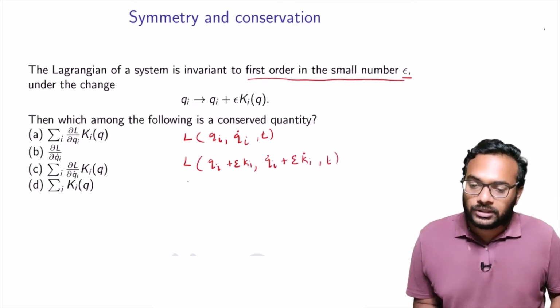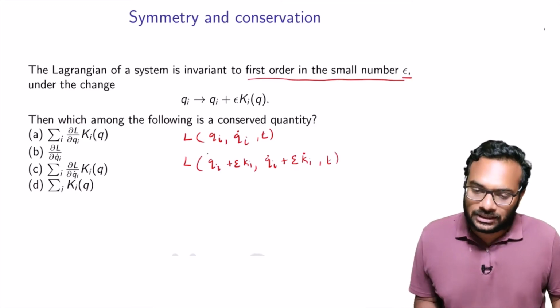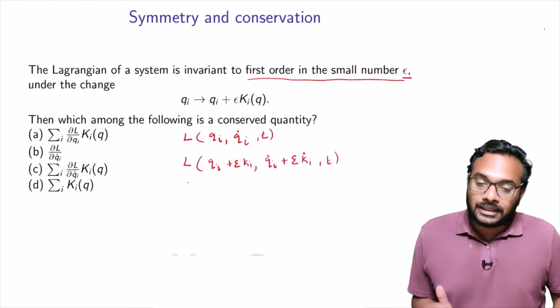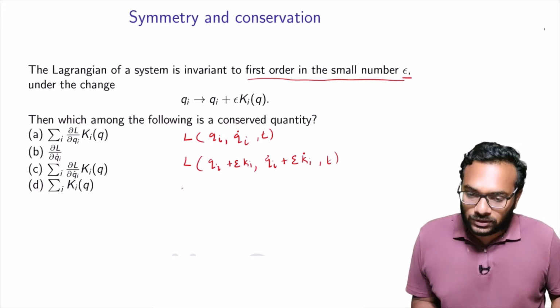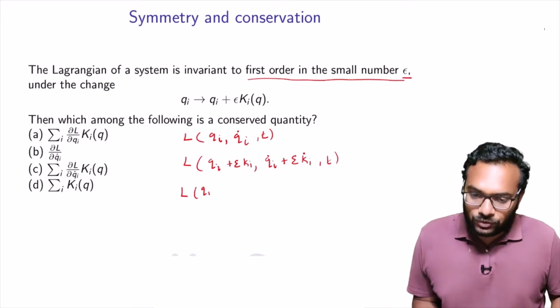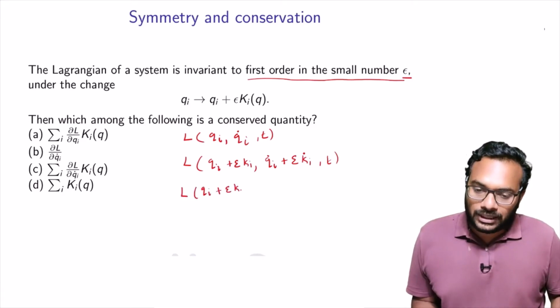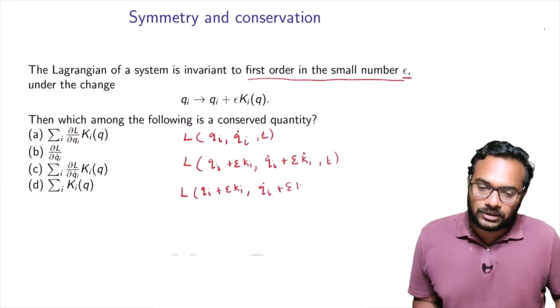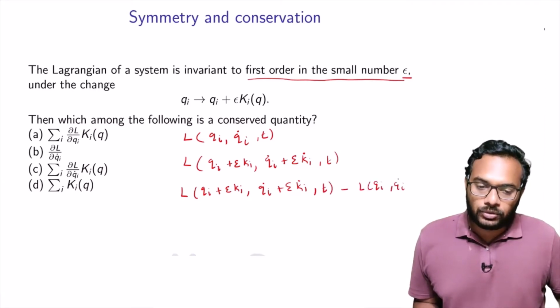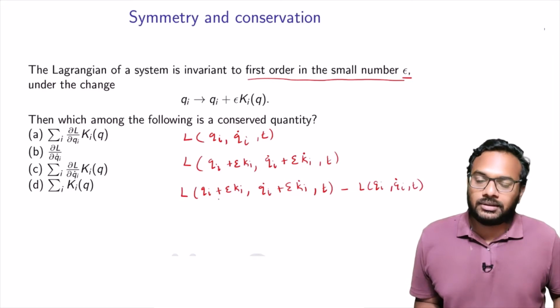Now we need to demand, as given in the question, that the Lagrangian is invariant up to first order. So we take L of qi plus epsilon ki, comma qi dot plus epsilon ki dot, minus L of qi, comma qi dot, comma t. We find this difference.